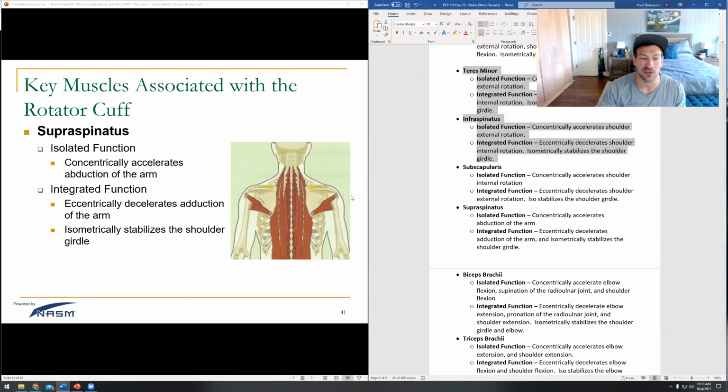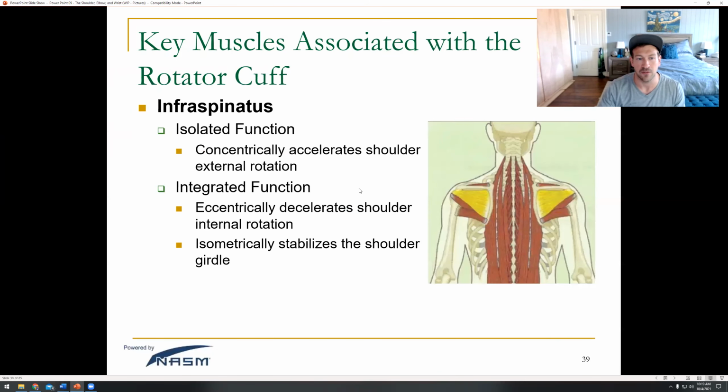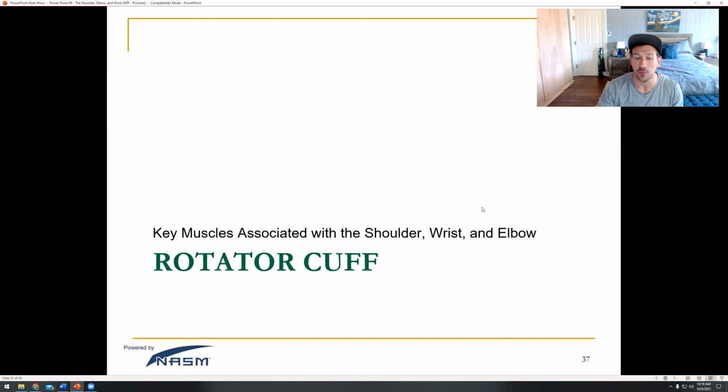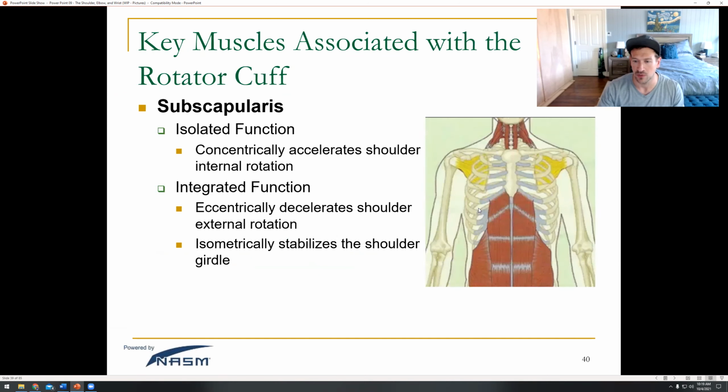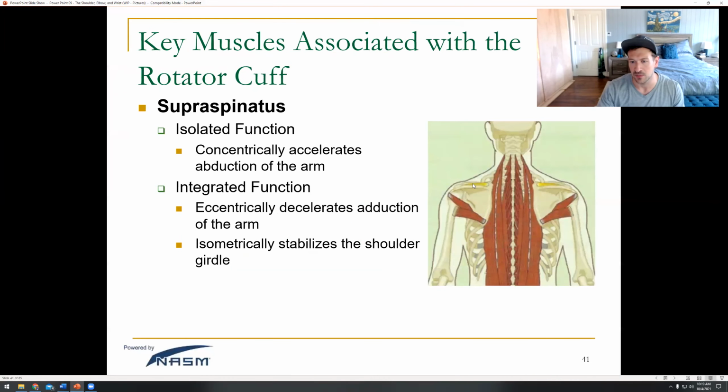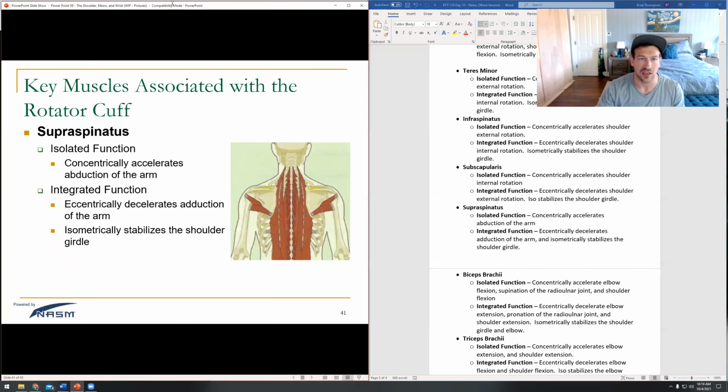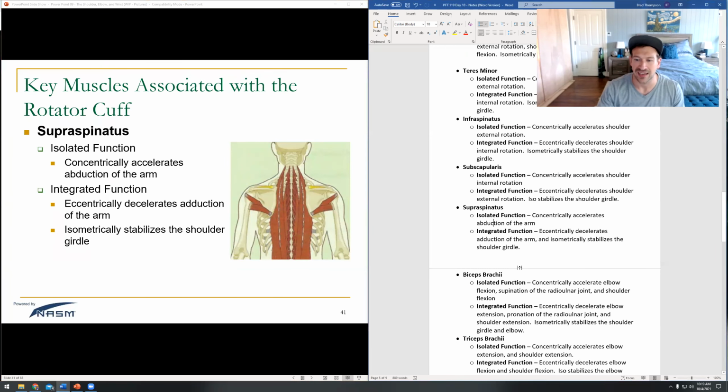And then we got the supraspinatus here. And this is this muscle that lives up here. So we had the infraspinatus underneath the spine of the scapula. That's the inferior spinatus muscle. Then we got the superior, whoops, I went the wrong way. Superior spinatus muscle up here on the top. Okay, so that lives up here. And that accelerates a little bit of that abduction.